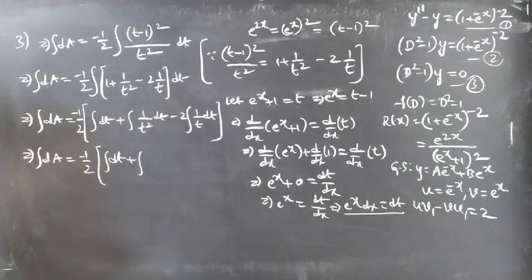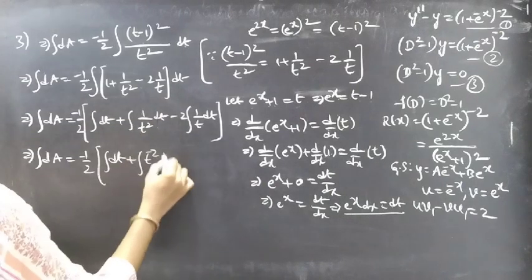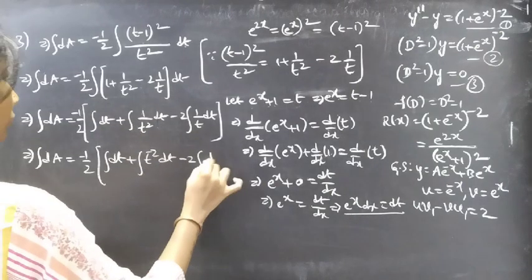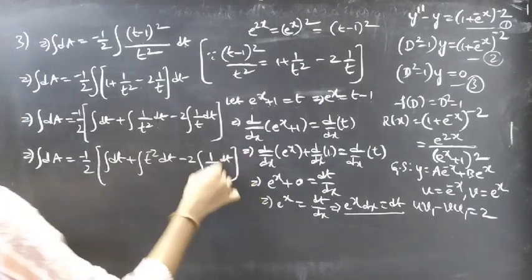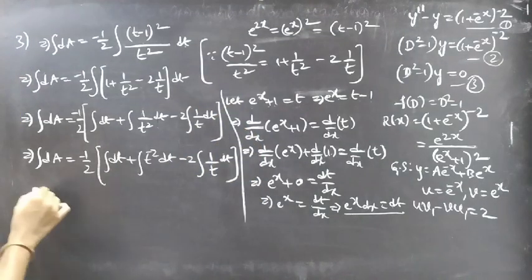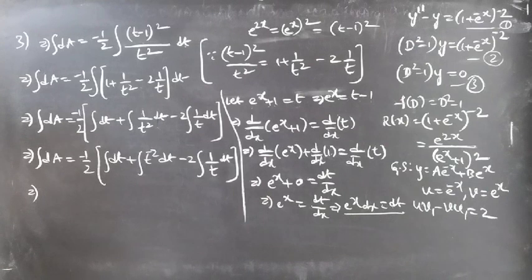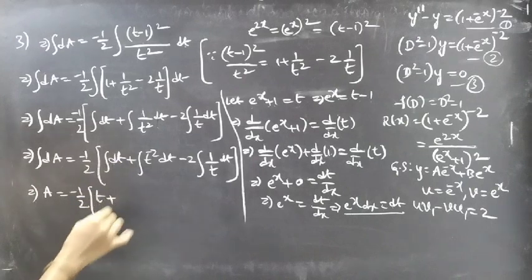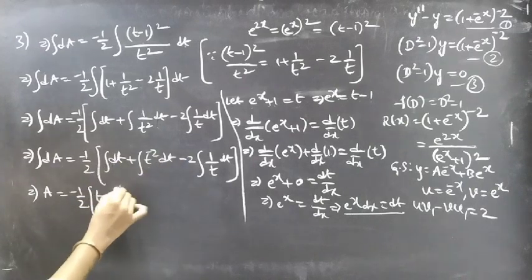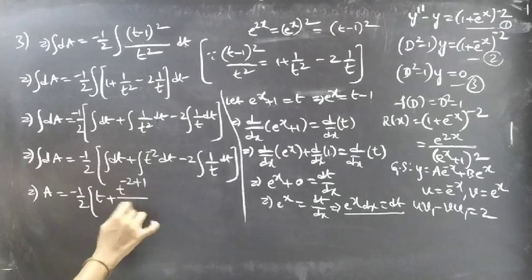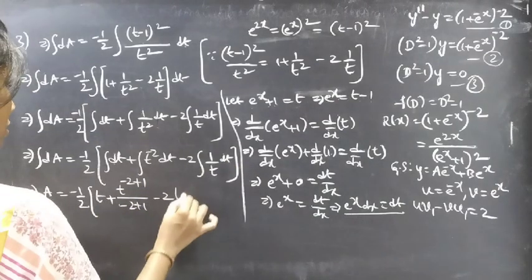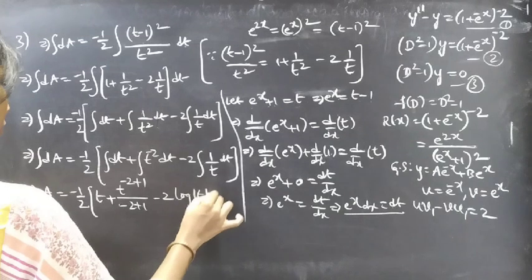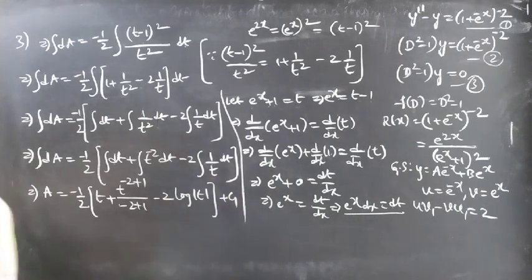Just write 1 by t square as t power minus 2 here. From this we'll get integral dA equal to minus 1 by 2 of integral dt, plus integral t power minus 2 dt is t power minus 2 plus 1 by minus 2 plus 1, minus 2 into integral 1 by t dt is log mod t, plus integral constant c1.